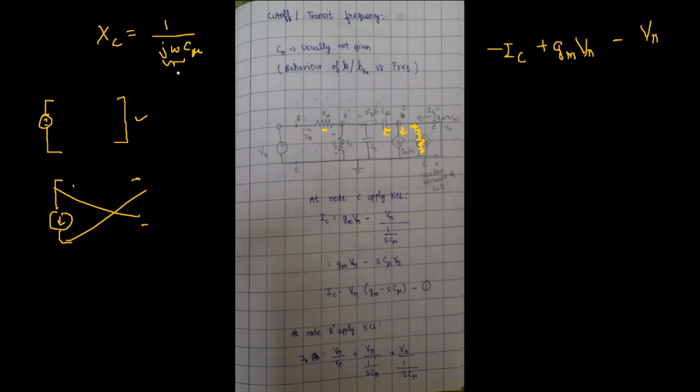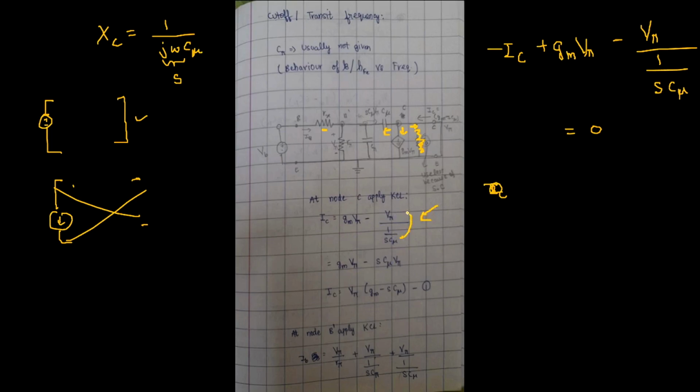So we always replace j omega with s throughout this module to keep things simple. So we can write V pi divided by 1 divided by s into C mu is equal to 0. So we can write IC is equal to gm into V pi minus V pi divided by 1 by s into C mu.